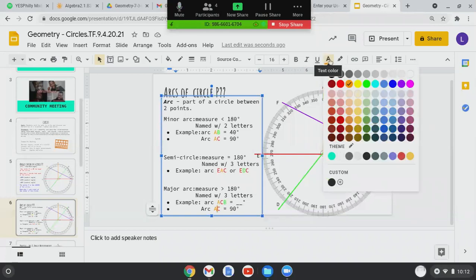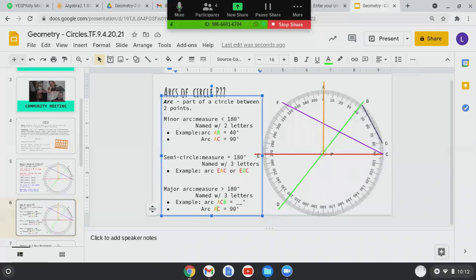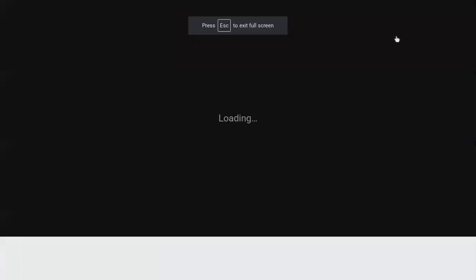So we are starting at A, moving through D, ending at C. Again, the minor arc was 90 degrees. It will be left to you to find the measure of the major arc.